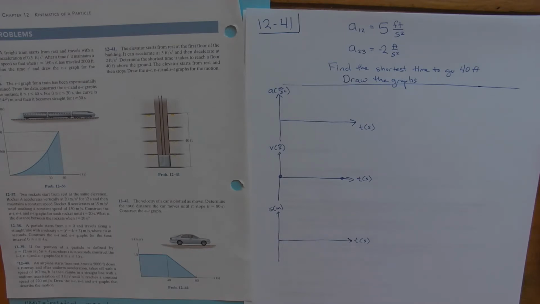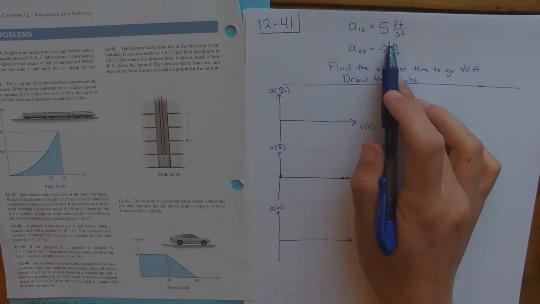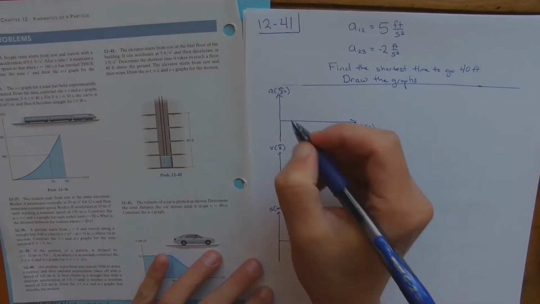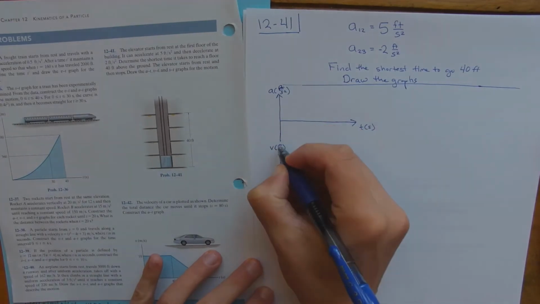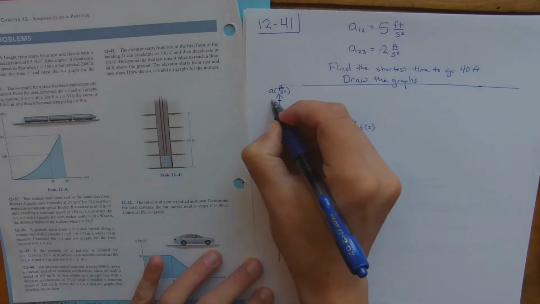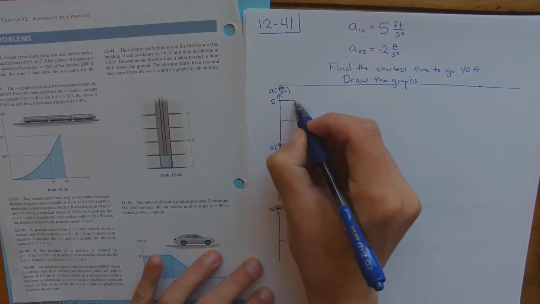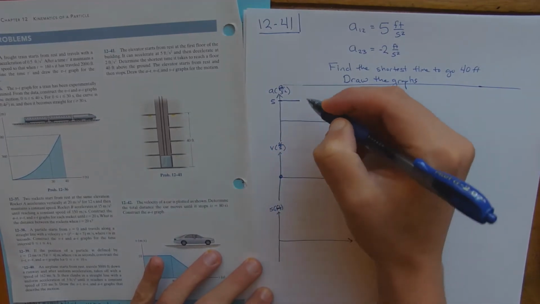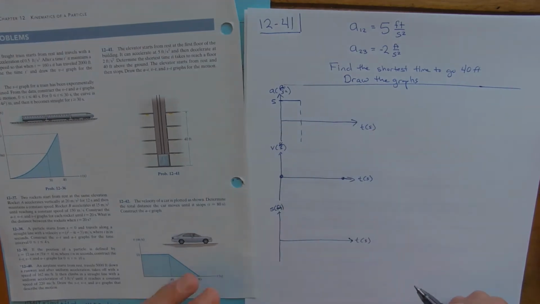So if you want to do this as fast as possible, and you also have to be at rest when you reach the floor 40 feet above the ground, you want to speed up using this acceleration of 5 feet per second squared. Oops, I put meters in here. Okay, so we're going to speed up at 5 feet per second squared, and then we're going to switch right away to slowing down.